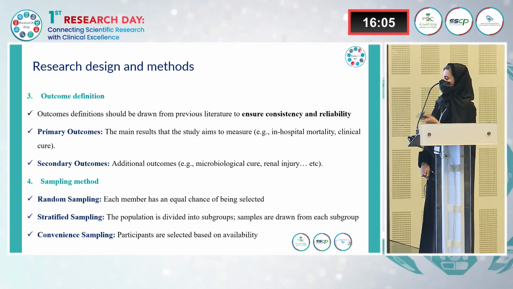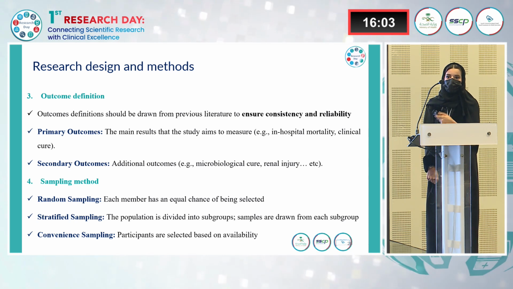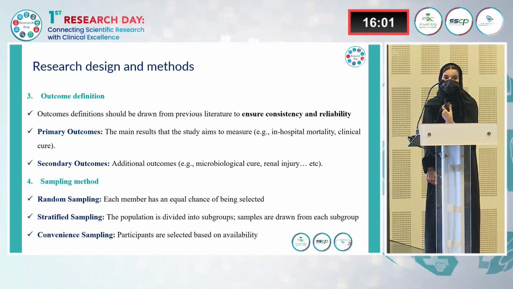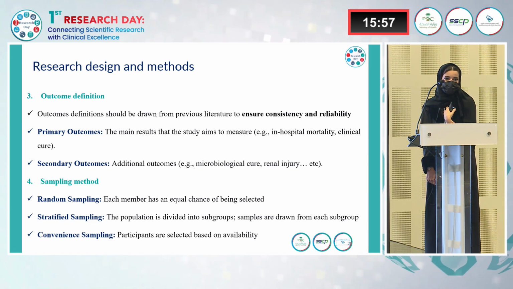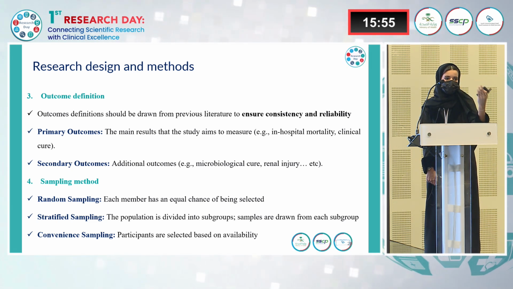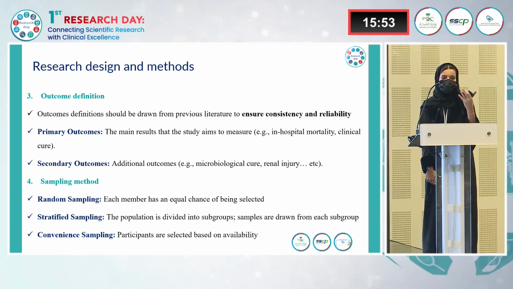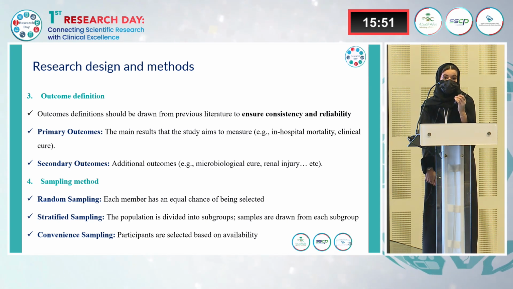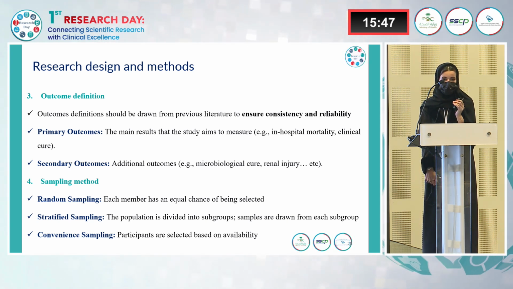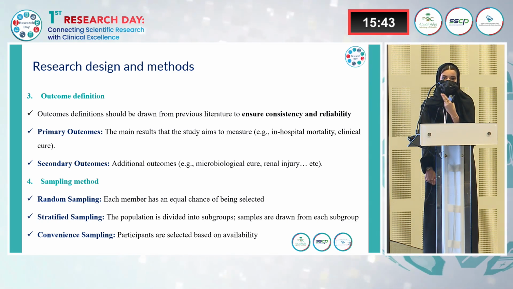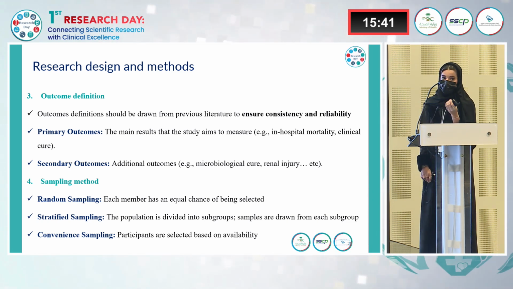As for the outcome definition, and this is very important, most of the proposals I reviewed had an issue with outcome definitions. I have a different definition for clinical cure, different than Dr. Khalid's definition, different than Dr. Haiva's definition. So you should always go to the literature and take a well-referenced definition for the outcomes to make sure it's consistent and this definition is reliable.